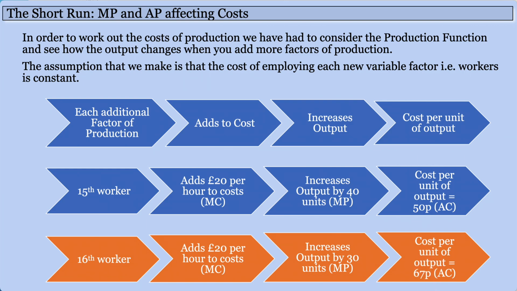It's absolutely vital that you get the idea that if the marginal product is falling, the average cost, or in this case the marginal cost, would be rising. Okay, so that's important. Alright, let's have a look.